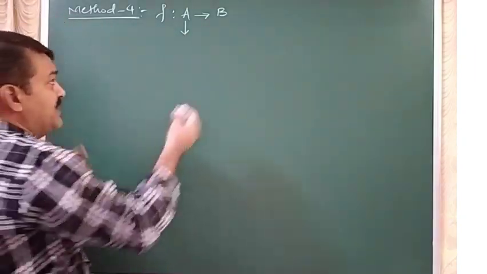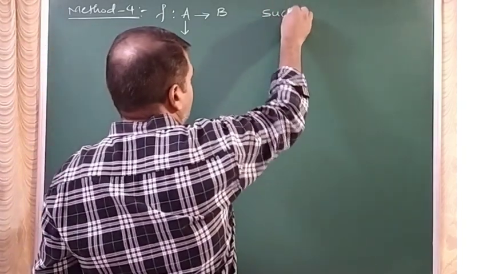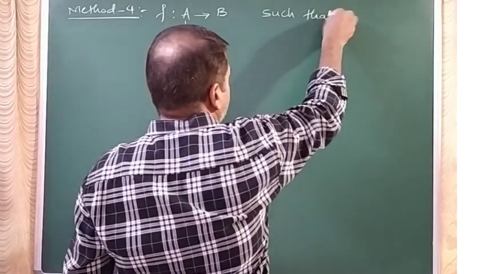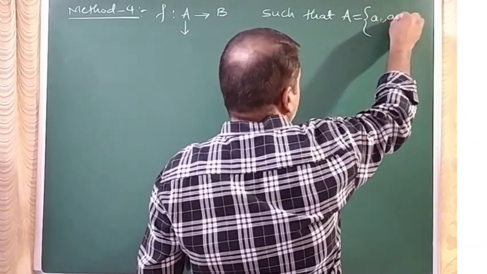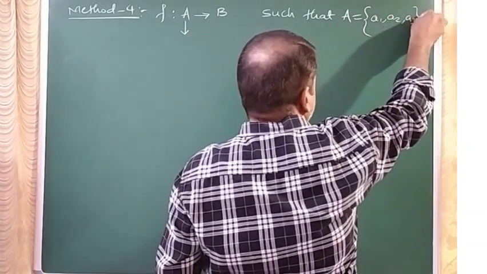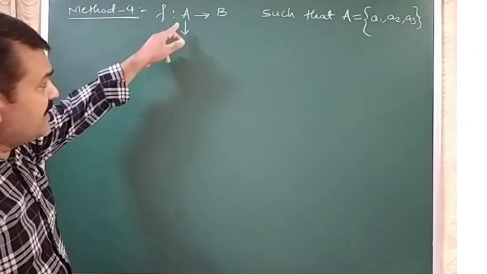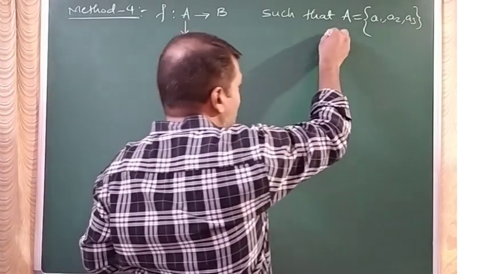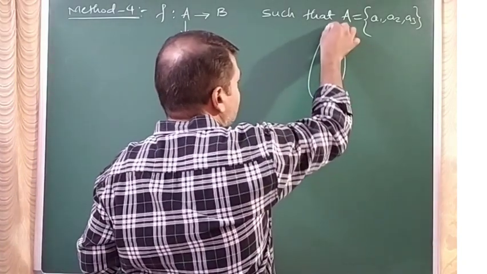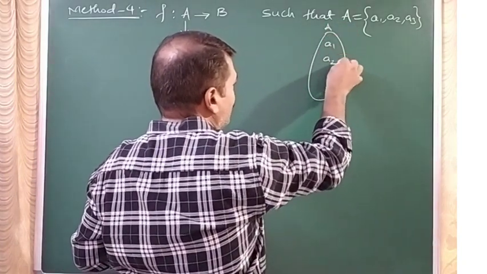For example, f maps A to B is the function such that domain has only 3 elements like this, A1, A2, A3.